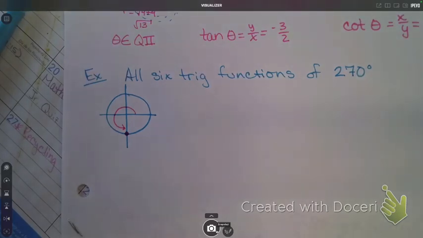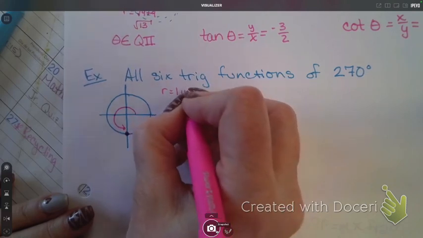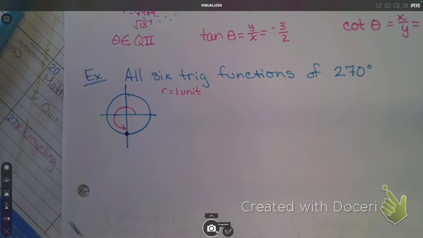Okay. I don't know how big this circle is, do I? No. But if R equals 1 unit, whatever that unit may be, okay? So R equals 1. Make sense?